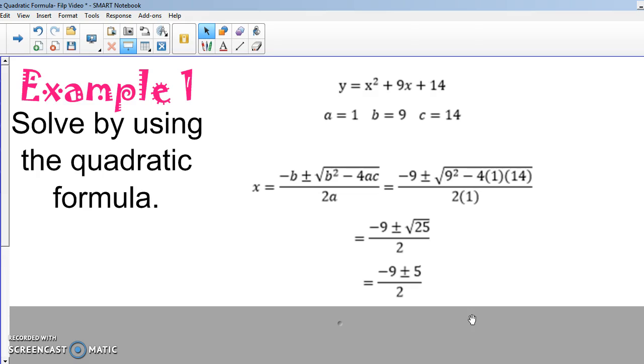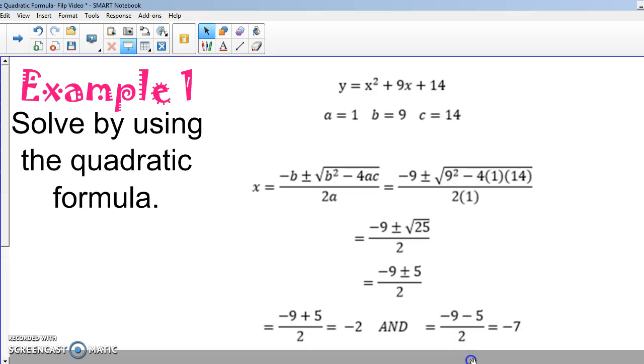Once you have it to this point is when we're going to rewrite it. So I rewrote the problem as negative 9 plus 5 divided by 2 and negative 9 minus 5 divided by 2. Don't try to solve it like this. You want to rewrite it one where you're using the plus and one where you're using the minus.